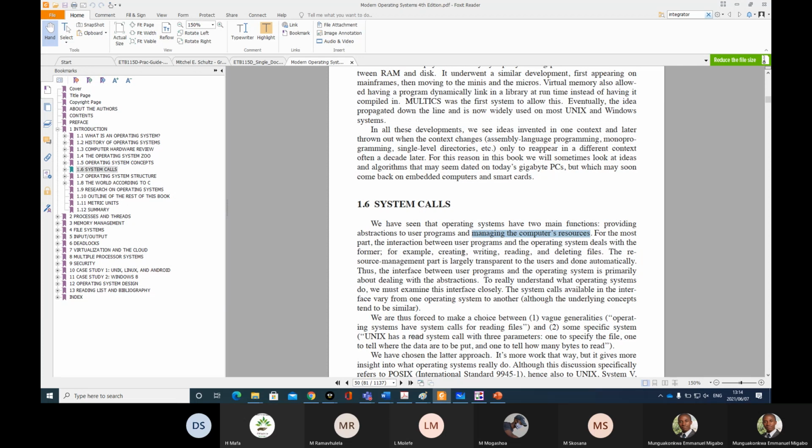Okay. So I was saying the management of computer resources is transparent because I as a user, when I'm trying to, let's say, save a new file that I've created in Word, I just click save.